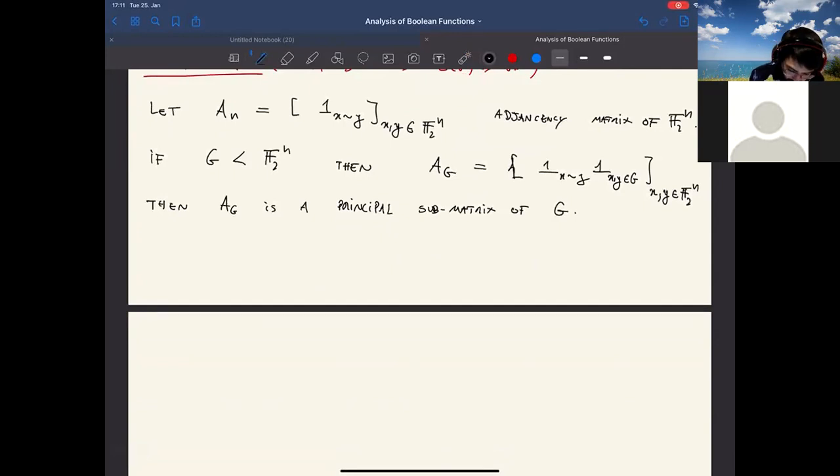And then there is, let's say, a small claim which is already known. It's proven in the paper, but it's already known in graph theory, and this is a general result: if G is a graph, and you have A of G, its adjacency matrix.